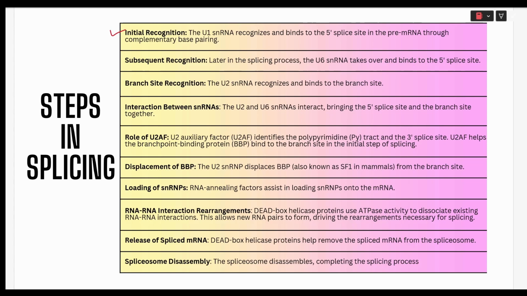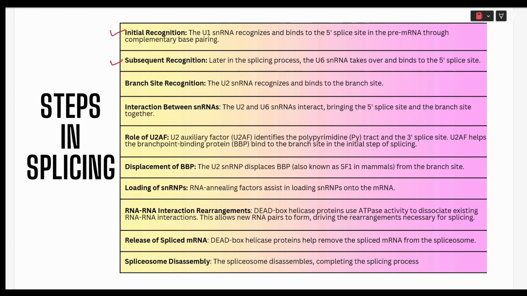I'm just going to go through them briefly because we are going to discuss them again in the next slide. The first step is the initial recognition. The second is the subsequent recognition. The U1 snRNA recognizes the 5' splicing site.